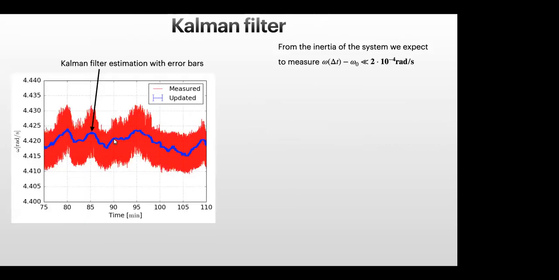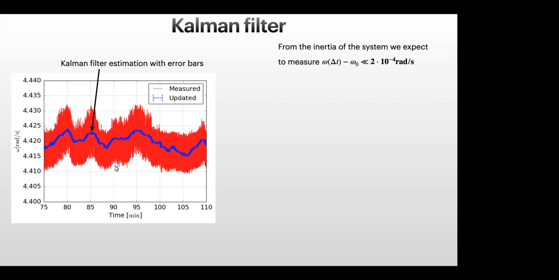And so thanks to this filter, we can improve the estimation of, for example, the angular velocity of our system. In this plot, you can see in red the measured values of the angular velocity that are very noisy, and in blue the updated values of the angular velocity with the relative error bars.